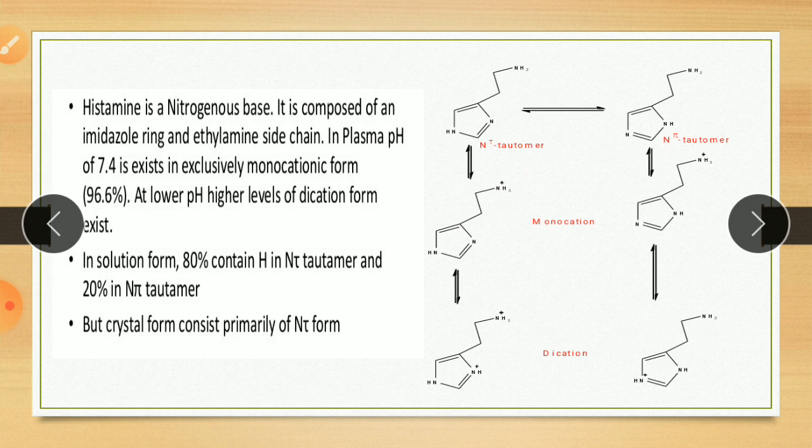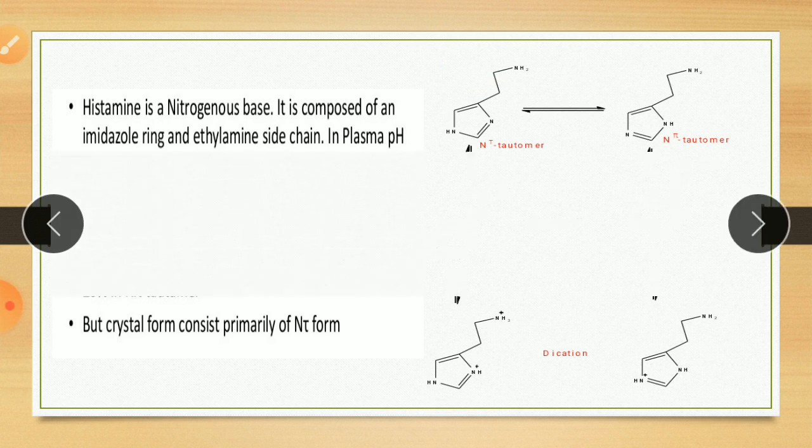And the uncharged form, where there is no charge here, is called uncharged histamine, which contributes to diffusion across the cell membrane. So that is about the ionization of histamine.